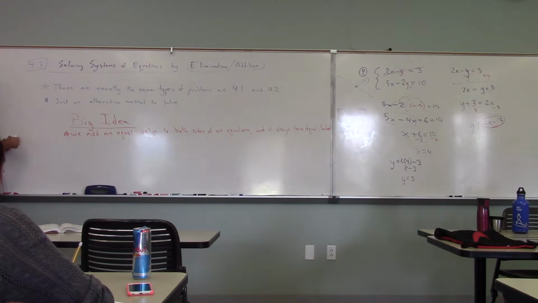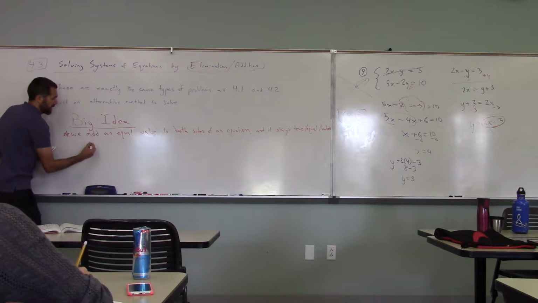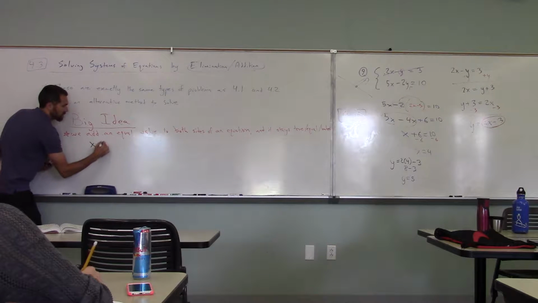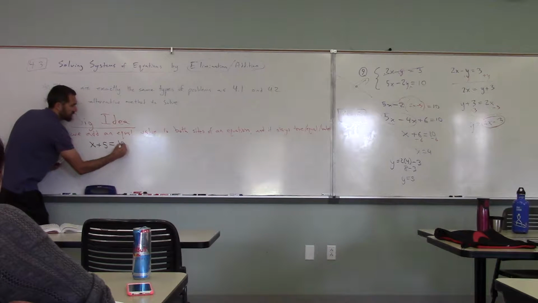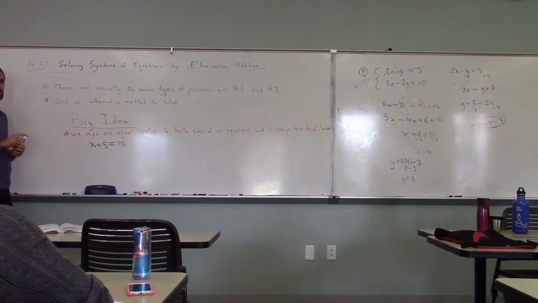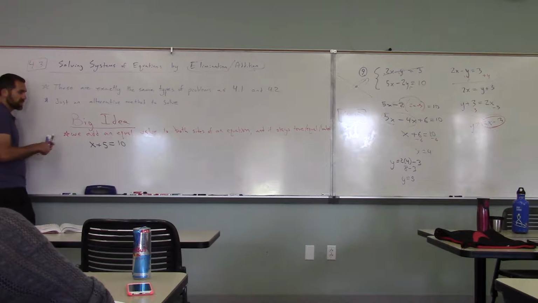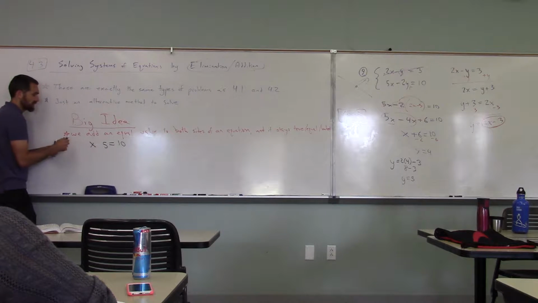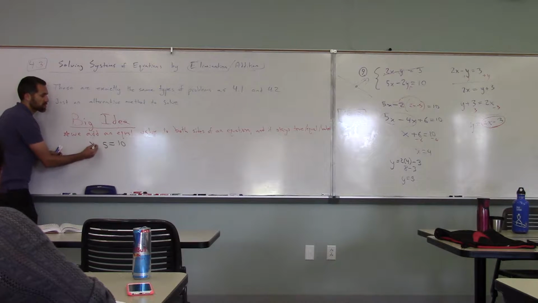For example, if I have a problem like x plus 5 equals 10, right? How would we solve that? Or let's even change this really quick to be x minus 5, so it's addition, not subtraction.